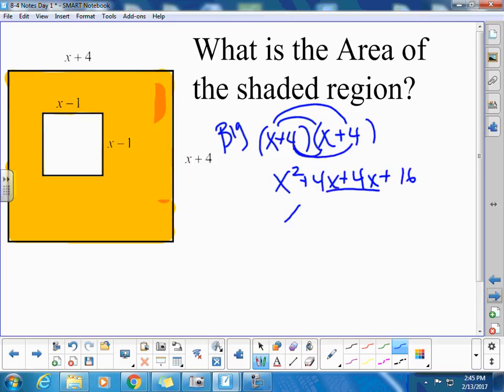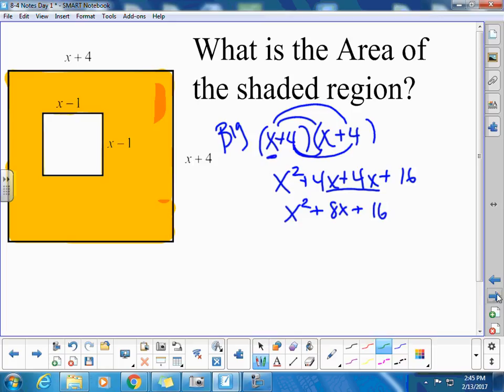Combine my like terms, I get x squared plus 8x plus 16. Again, where I was talking about before, you'll recognize this first term I squared, then I multiplied 4 times x and doubled it to get 8x in the middle, and then I squared my last number. But again, if you don't want to recognize a pattern, just FOIL every time it works.